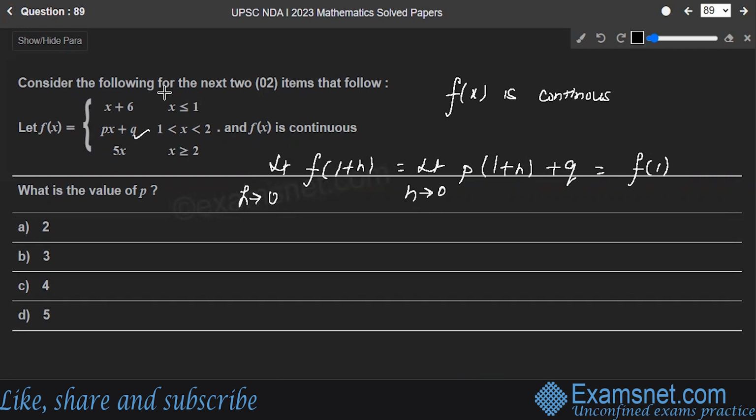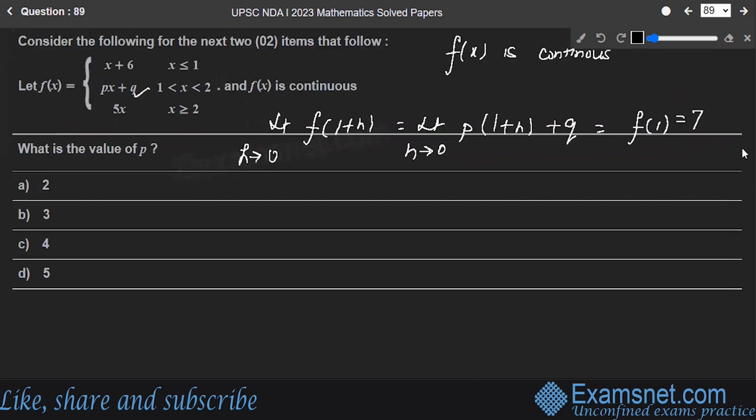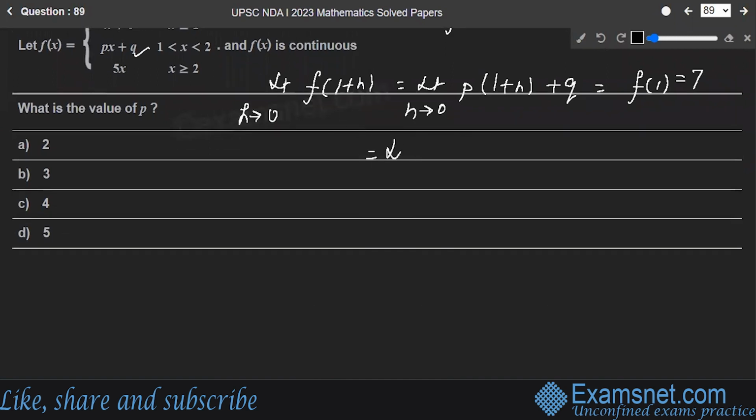And f of 1 is equal to 1 plus 6, that is equal to 7. Right? So limit h approaching 0, this can be written as p into 1 plus h plus q is equal to 7, which will give you p plus q is equal to 7. Now the second thing.